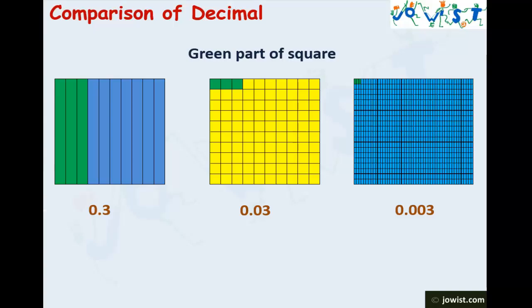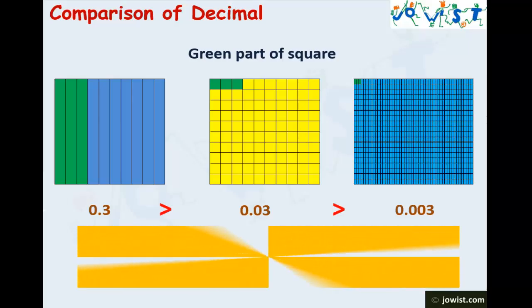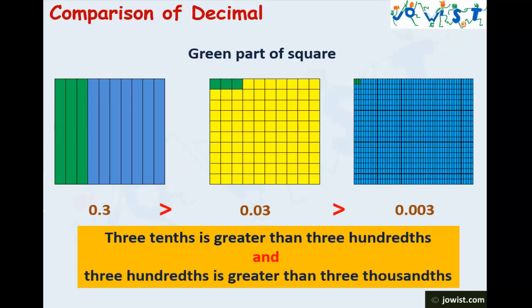So, we have 0.3 is greater than 0.03 and 0.03 is greater than 0.003. It means 3/10 is greater than 3/100 and 3/100 is greater than 3/1000.